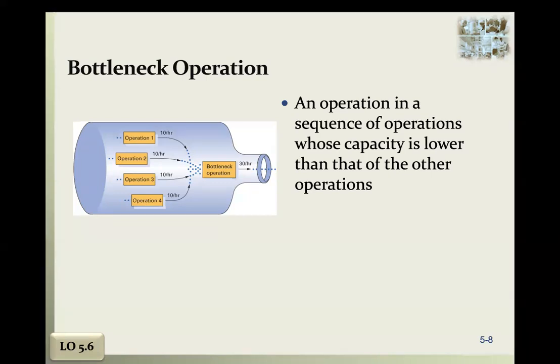Now, in this case, managers might need to do something different. For instance, they may need to address this bottleneck. They need to work on increasing the capacity of this one, which means they need to increase capacity to at least 40.